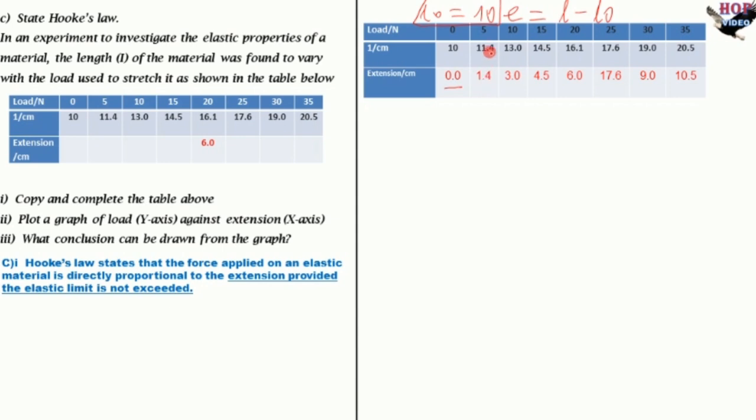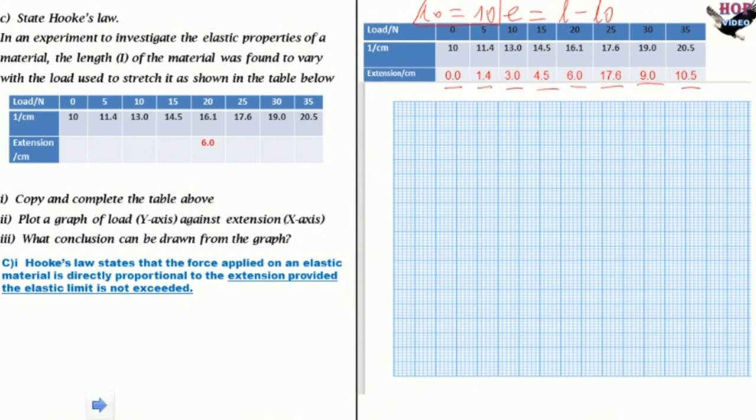We take 11, which is the length, minus the original length, we have 1.4. 13 minus this, we have 3. 14.5 minus 10, we have 4.5. 6.5 and 10.5.